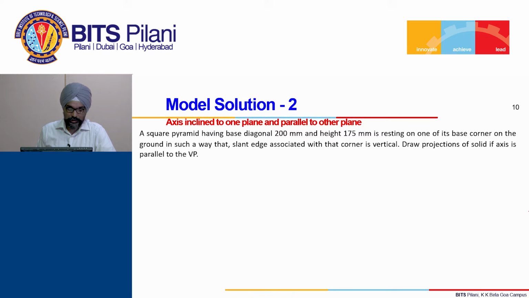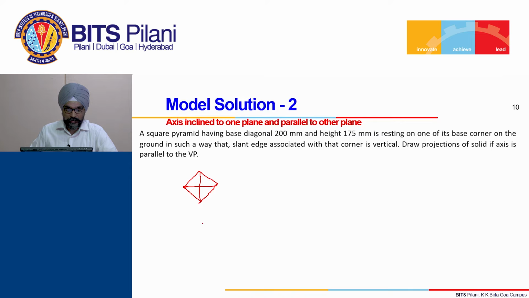So, the initial position you can draw in the similar way as you drew in the previous problem. The initial position should be such that in the top view you shall get the true shape. Okay, so like this, and the corner, because the slant edge has to be tilted.